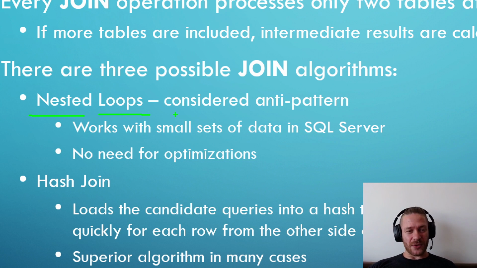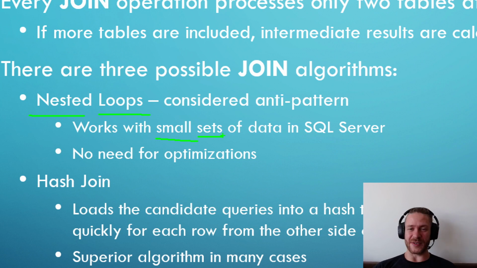This kind of algorithm works with small sets, so if you run an execution plan and see that your join operation uses a nested loop, then it means that you don't need to optimize it. It should be fast enough. Usually, SQL Server has an optimizer.